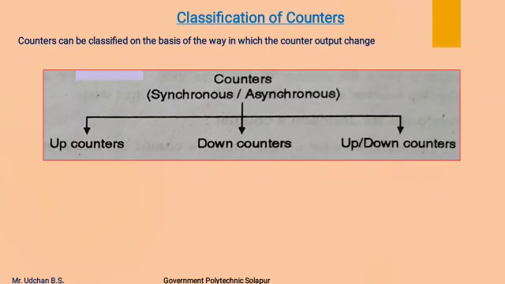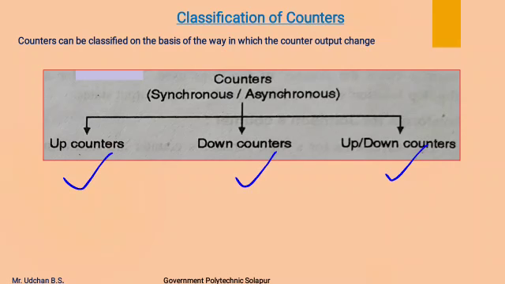Now we will see the classification of counters. Synchronous and asynchronous are the types of counters. In both we can have up counters, down counters, and up-down counters.